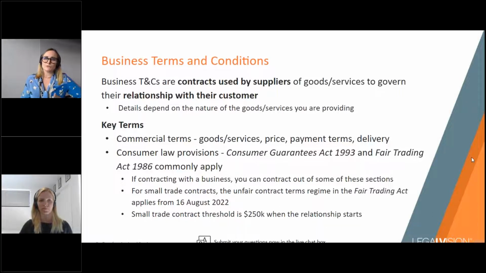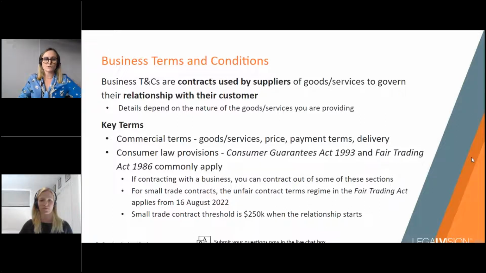For example, your goods must be of acceptable quality, fit for purpose, free from defects, safe, durable, etc. If your goods don't meet those guarantees, you will be legally required to remedy the failure, and in some cases, you may be required to pay damages or compensation to the consumer for any loss or damage that they have suffered as a result of that failure.